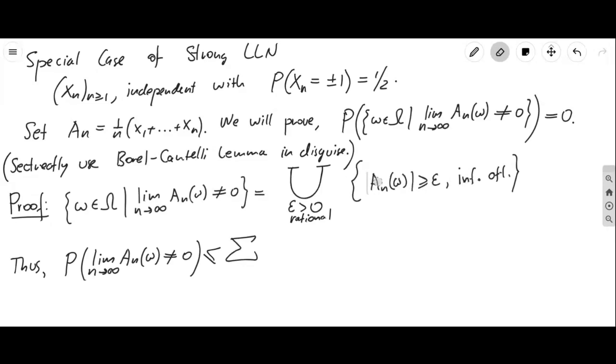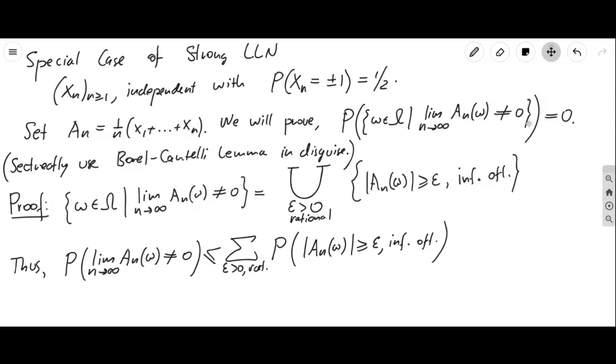Here, these events could overlap. So that's why it's less than or equal to the sum over epsilon positive and rational of the probability of the event where an of omega is greater than or equal to epsilon infinitely often. So there's infinitely many different choices for n that will satisfy this type of inequality.